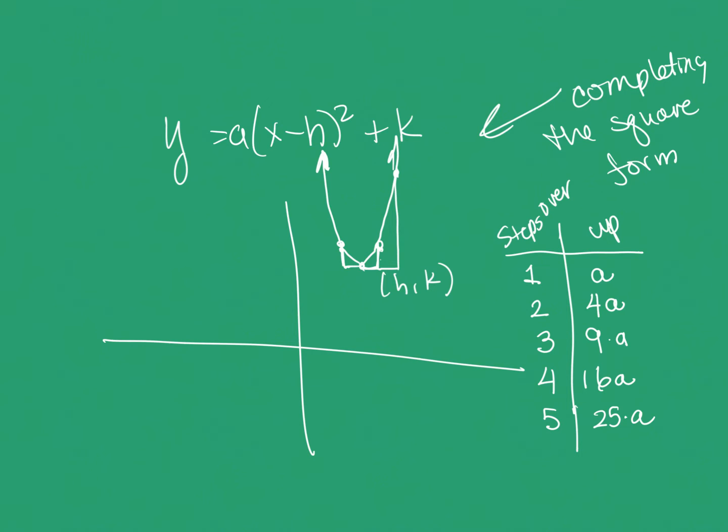I'll do an example that they gave in the book. They asked you to graph f of x equals x squared minus 2. Notice if I put this in vertex form, this is f of x equals a is 1, because of the 1 in front of the x squared, (x minus 0) squared, because there's no b term, and then minus 2. So my h is 0, my k is negative 2.